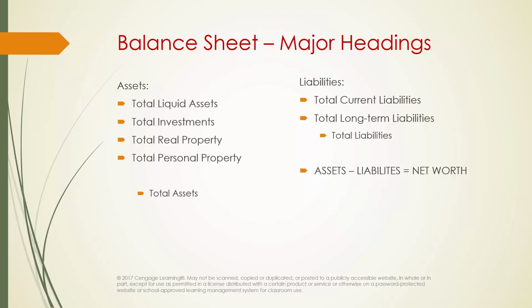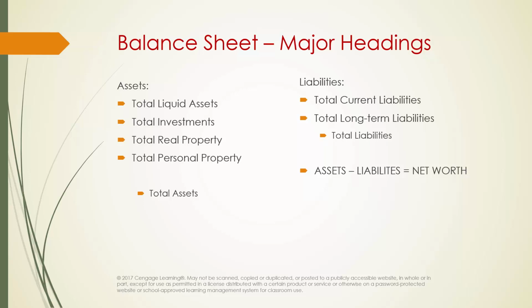Okay, so this is the first introduction to what our balance sheets are going to look like. And by the way, you're going to do one by Thursday. And really, the key to this whole thing's right here. And everybody that's in accounting knows this calculation, right? Assets equal liabilities plus net worth, or assets minus liabilities equals net worth. Let's define an asset.